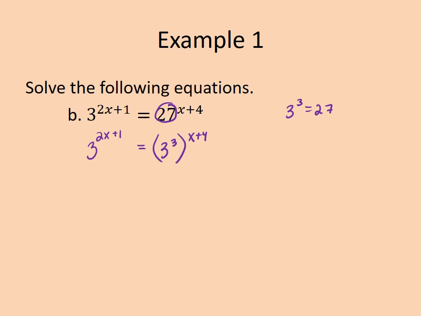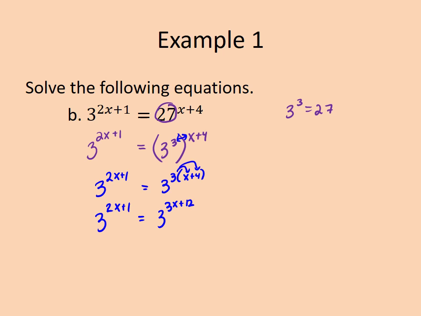Since 3 cubed is raised to the x plus 4 power, and this is a power, we must multiply. So the left side remains the same, 3 to the 2x plus 1, but the right side becomes 3 to the 3 times x plus 4. We need to distribute the 3, so it becomes 3x plus 12.